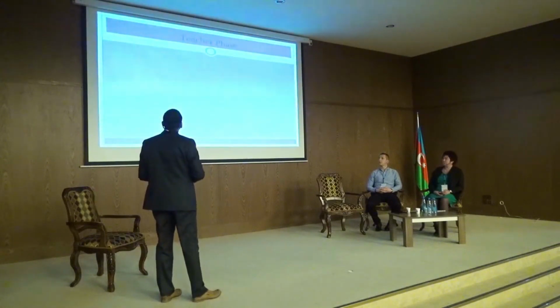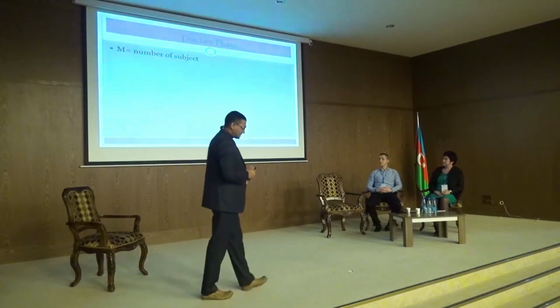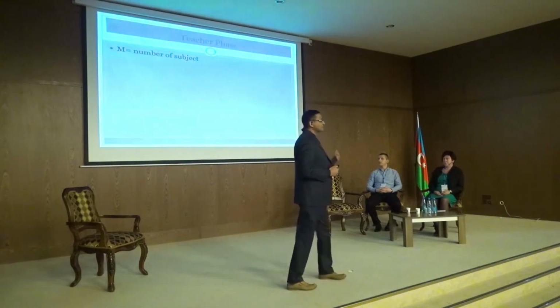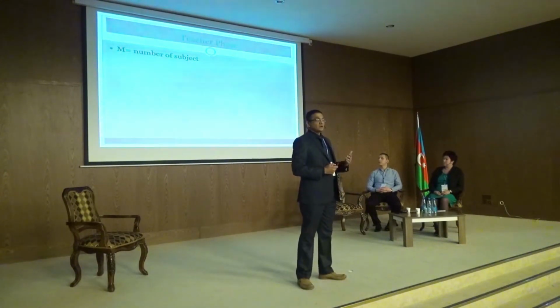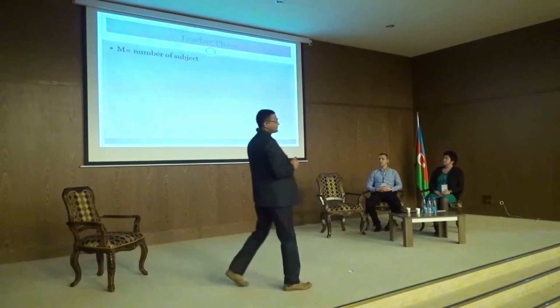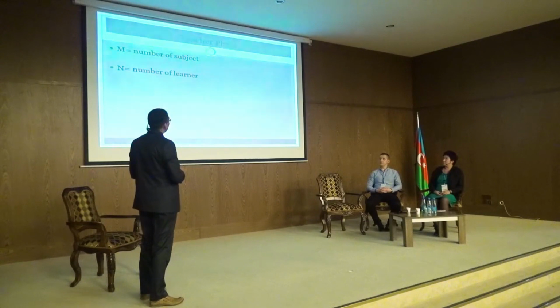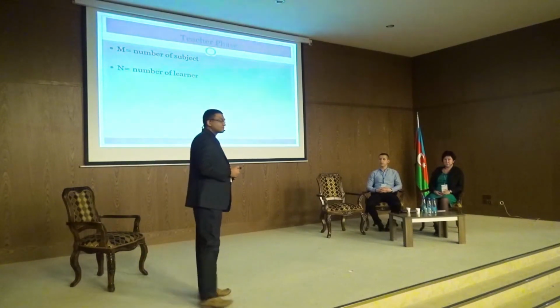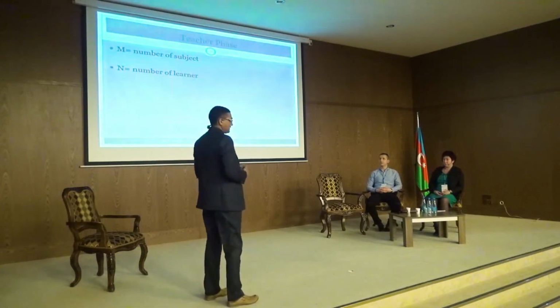So in the teacher phase, the objective is that the teacher tries to improve the mean result of the class for the course he is teaching. This is the objective of the teacher phase. Here we have some variables if you want to implement. M is the number of subjects that are offered.